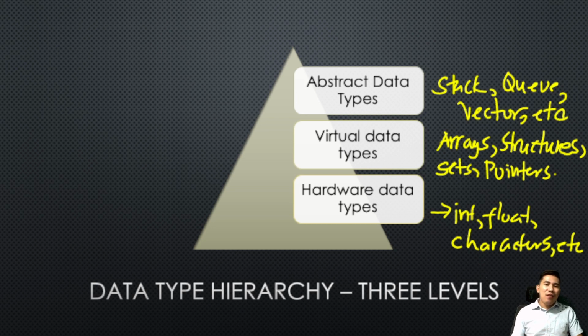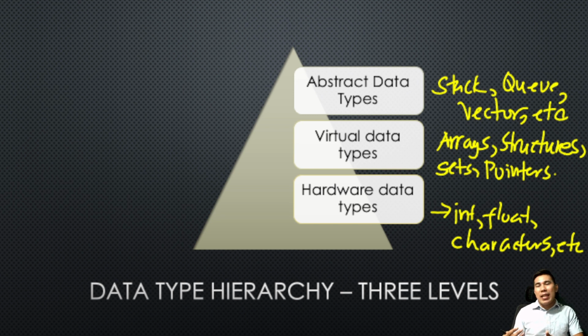And now we also have the abstract data type. When we speak of abstract data types, these are our ADTs, and this is our primary focus in this entire course. So we are going to model a specific algorithm, and then create our own ADT out of it, like stack.